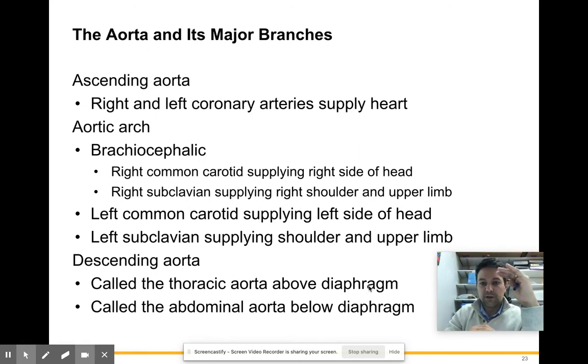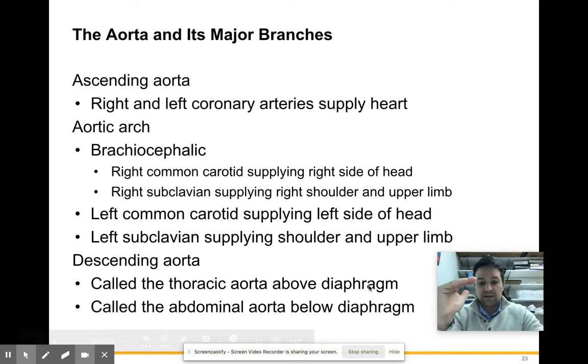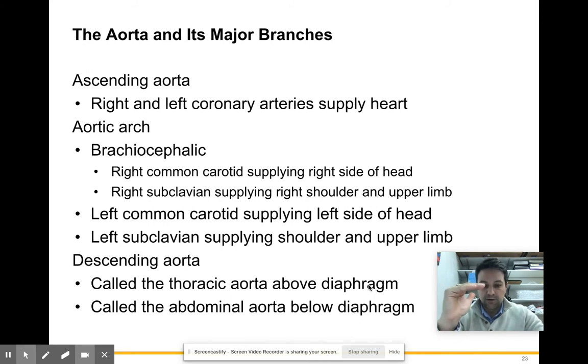The portion where it's descending above the diaphragm is called the thoracic aorta because it's in the thorax. It's between the heart and the diaphragm. And then once it passes the diaphragm and goes into your abdomen, we call that the abdominal aorta, or the abdominal portion of the descending aorta.